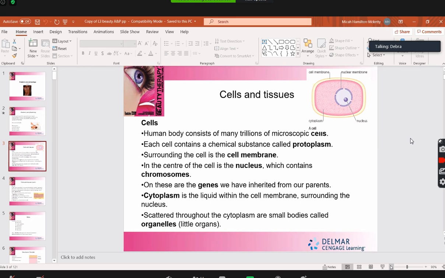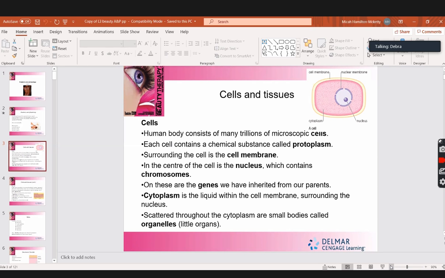So can we see the protoplasm? You can't actually see it on there. But surrounding the cell itself is a jelly-like substance called the cell membrane. Yes? So it surrounds the cell, it cushions it.